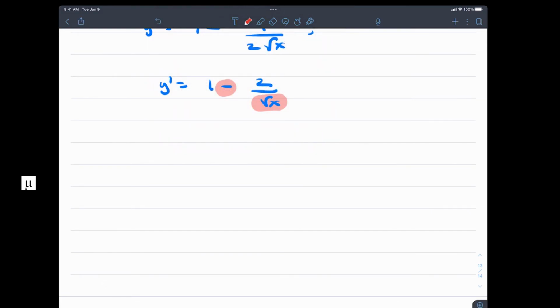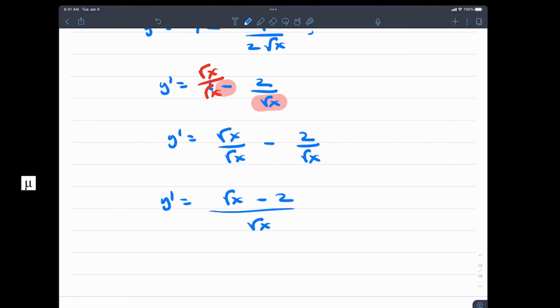Replace that whole number with a fraction that has the same denominator. So you want the square root of x over the square root of x, okay? Does that make some sense? So now you have the square root of x minus 2 over the square root of x. Okay?